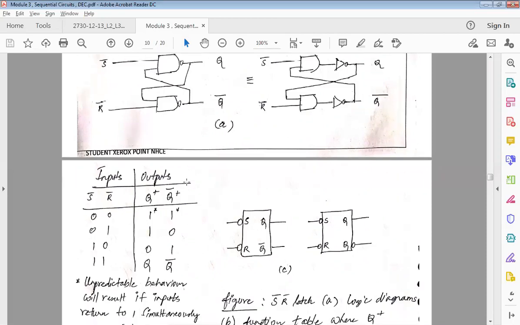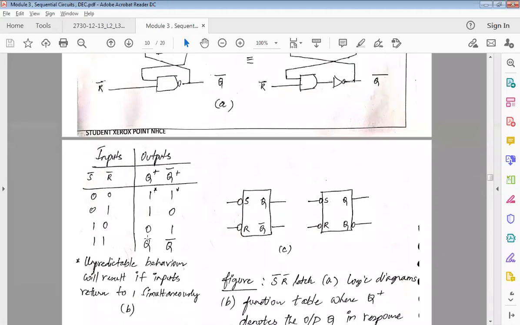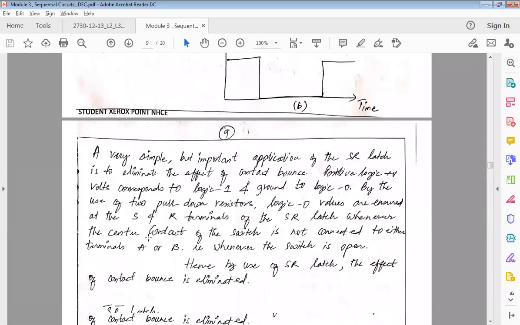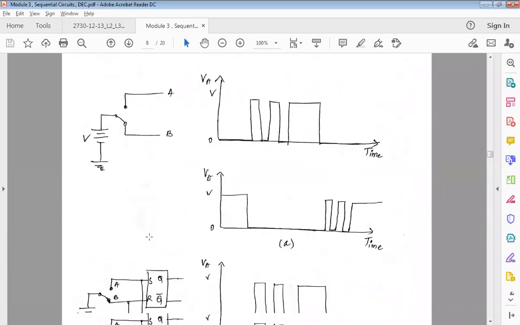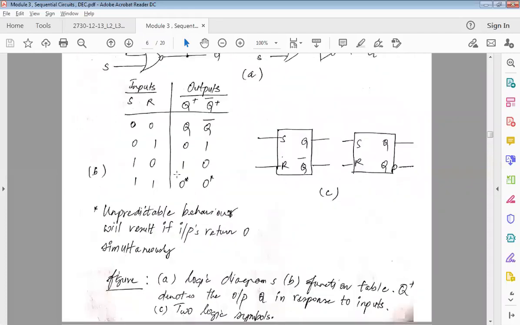When it is 0, 0, this will actually give me high values, 1, 1, which means it is not needed. It's in a toggling state, just like how we saw here for high value. But when I put S bar, R bar, the opposite of it, at 0 only, I am getting this kind of unpredictable behavior.